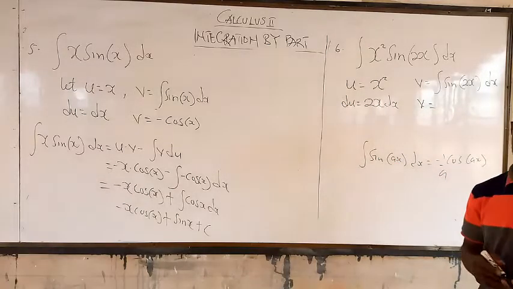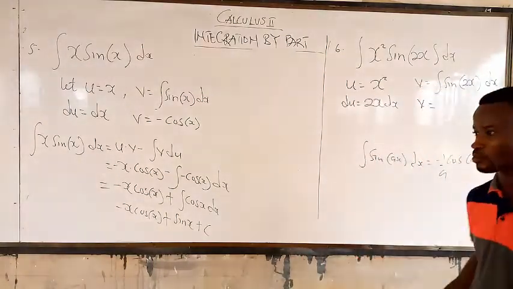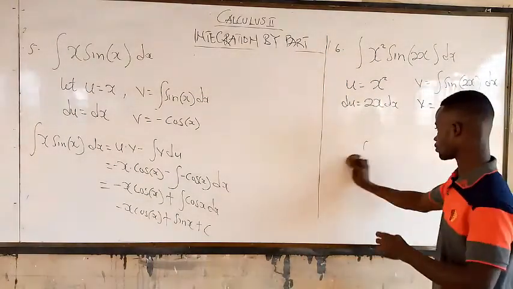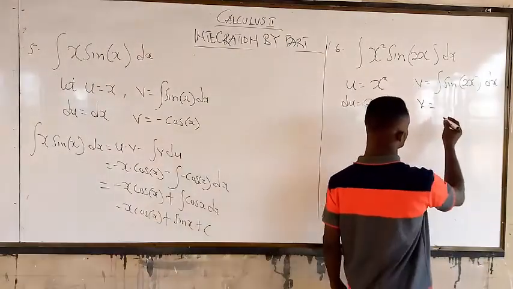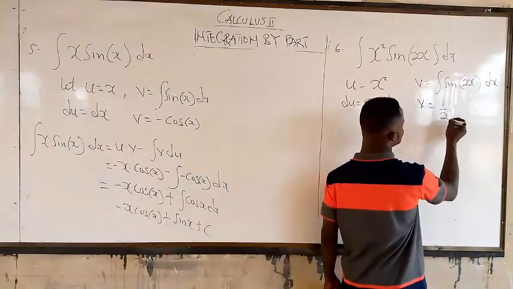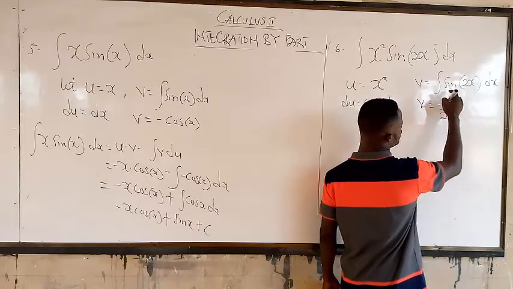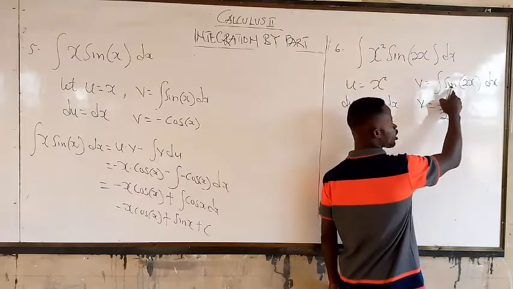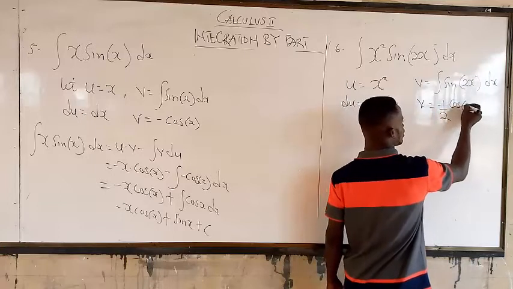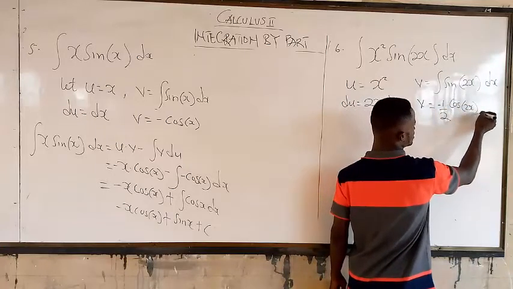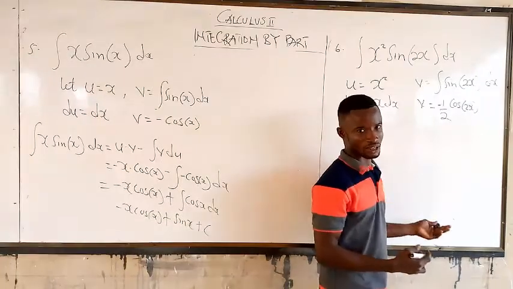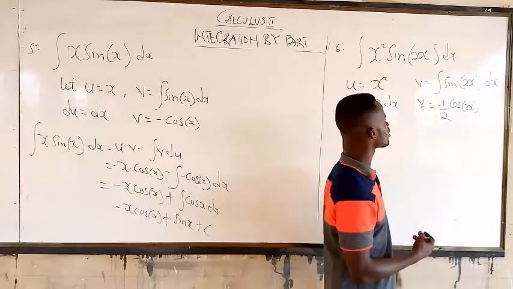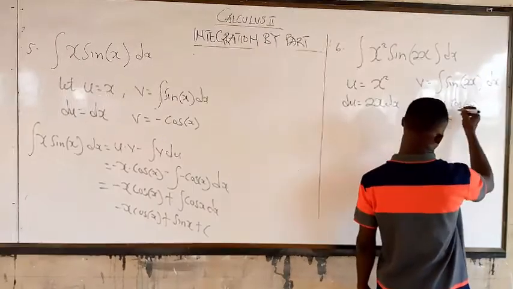This is a generalization I'm giving to you. So here you get 1 over 2, then the integral of sine gives negative cos 2s. That's what you're going to be arriving at. That's all.